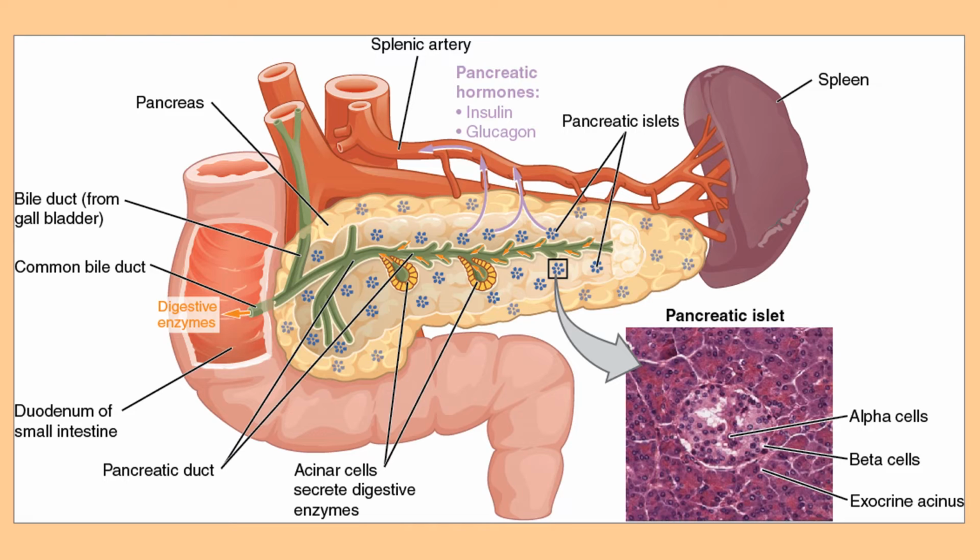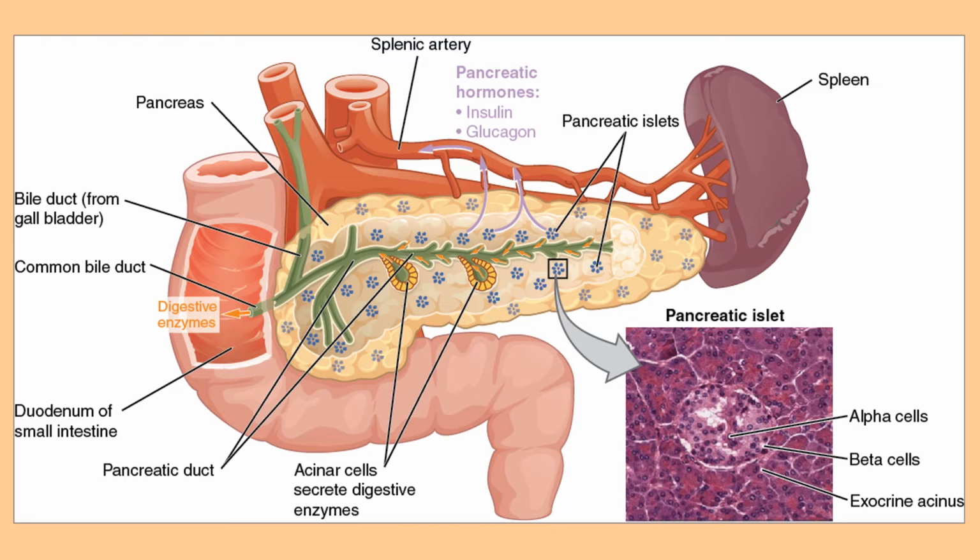And the acinar cells secrete the components of pancreatic juice, and they secrete those components directly into ducts. In this image, the pancreatic ducts are in green, as well as the bile duct, actually. A duct in this image is a passageway for a secretion to flow into the duodenum.